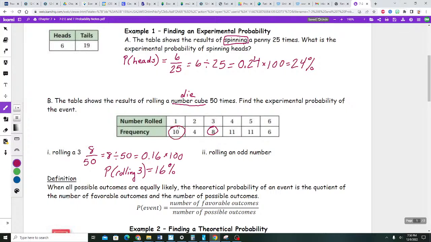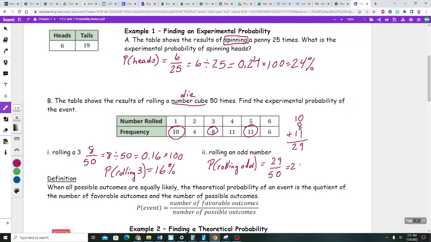Rolling an odd number. The odd numbers are, sorry, 1, 3, and 5, and there's 10 of them, there's 8 of them, and there's 11 of them. So we're going to add those numbers together, 10 plus 8 plus 11. That gives us 29. So the probability of rolling an odd is 29 over 50.